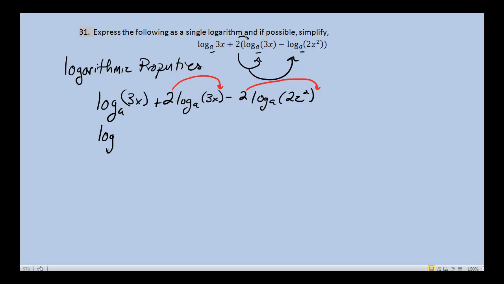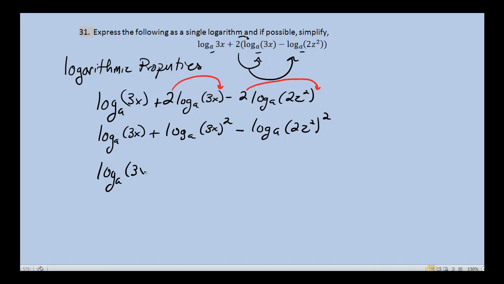So I'm going to have log base a of 3x plus log base a of 3x quantity squared minus log base a of 2z squared, quantity squared. I can simplify this further as log base a of 3x plus I'm going to square 3x.